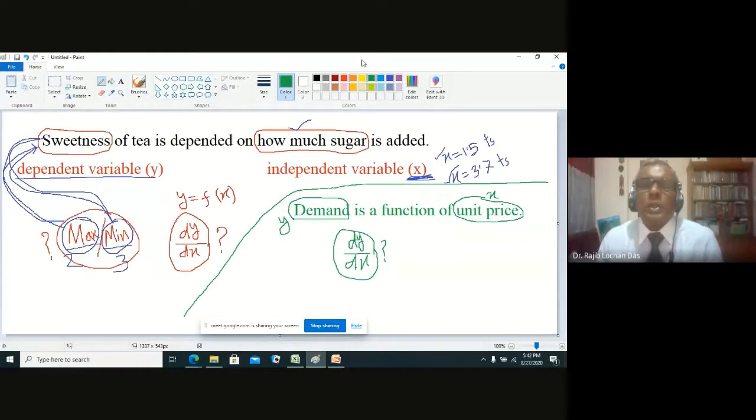So if you change it like cost, okay, cost is a function of say number of units produced.